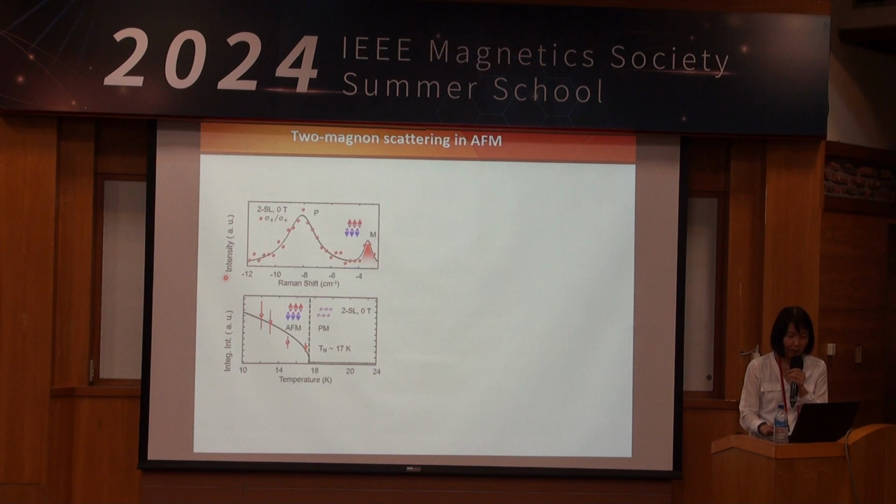This is the magnon mode, this is the phonon mode. We're able to measure how the intensity of the magnon mode changes with the Néel temperature. This is useless right now because it has an 18 K Néel temperature.